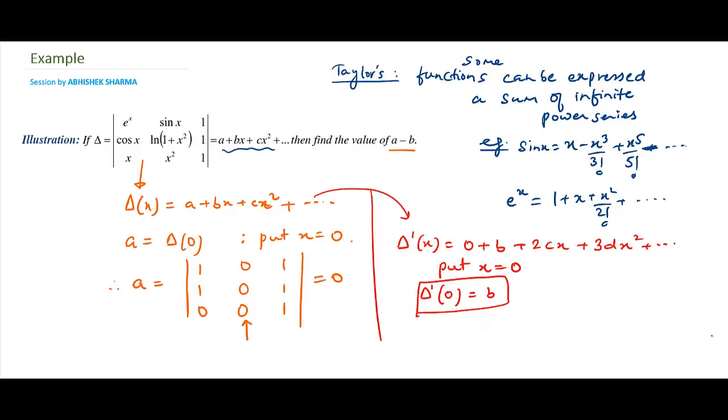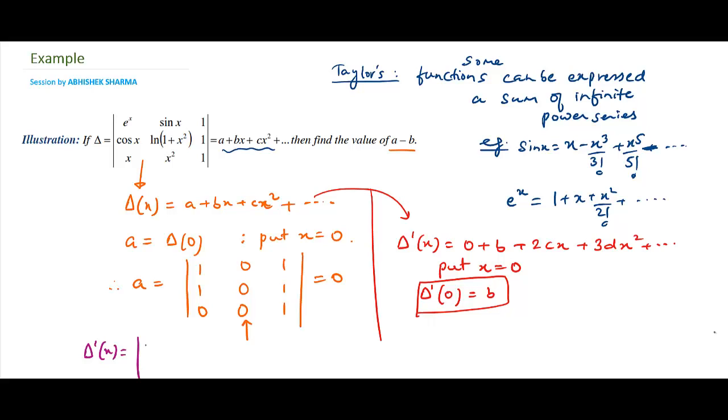So to find b, I need to find this particular delta dash 0. Now we'll have to differentiate this determinant, and then we'll put x equal to 0. And how do I differentiate this determinant? What we do is we first differentiate the first row.